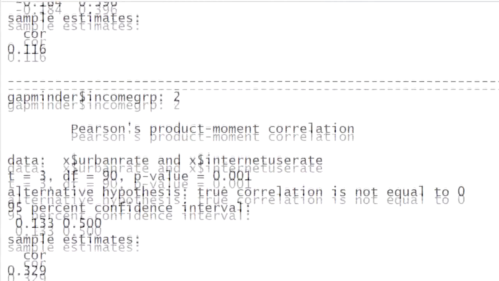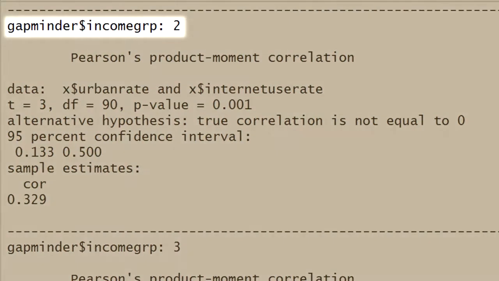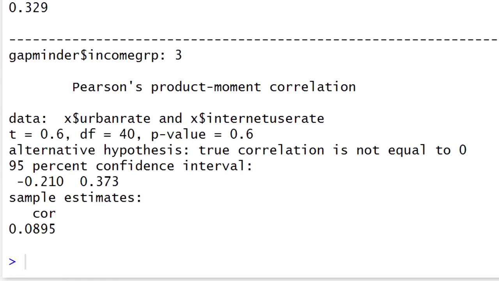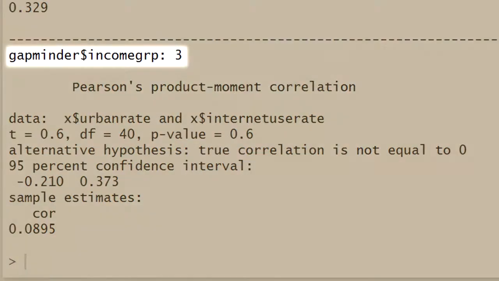For Group 2, the moderate income countries, the association between internet use rate and urban rate is 0.329, with a significant p-value at 0.001. And finally, among high income countries, Group 3, the correlation coefficient is 0.0895, again with a large p-value, suggesting that the association between urban rate and internet use rate is not significant for high income countries.